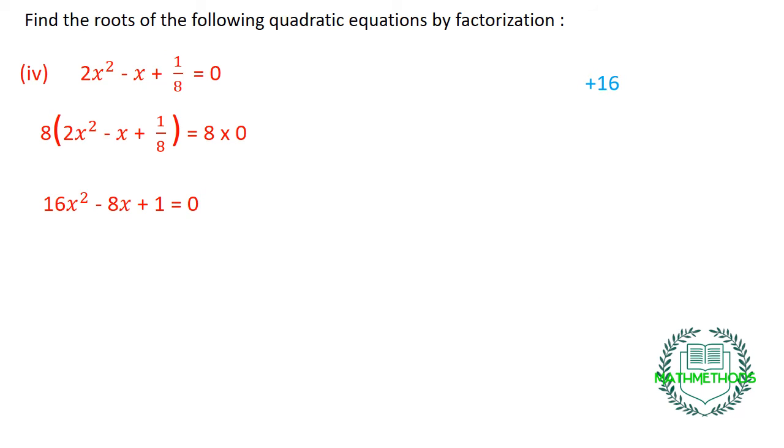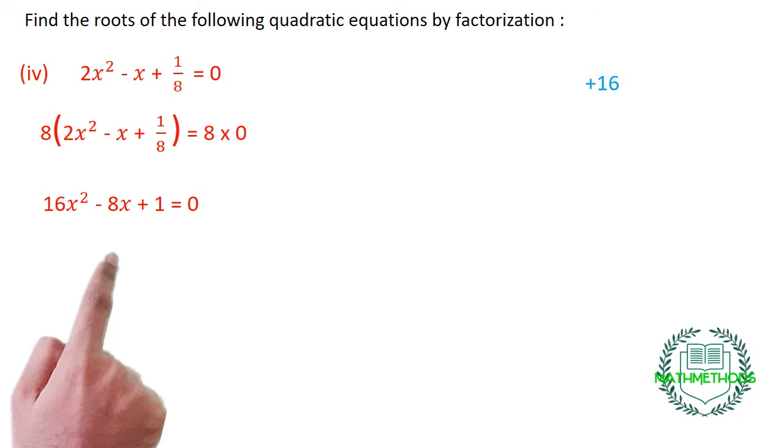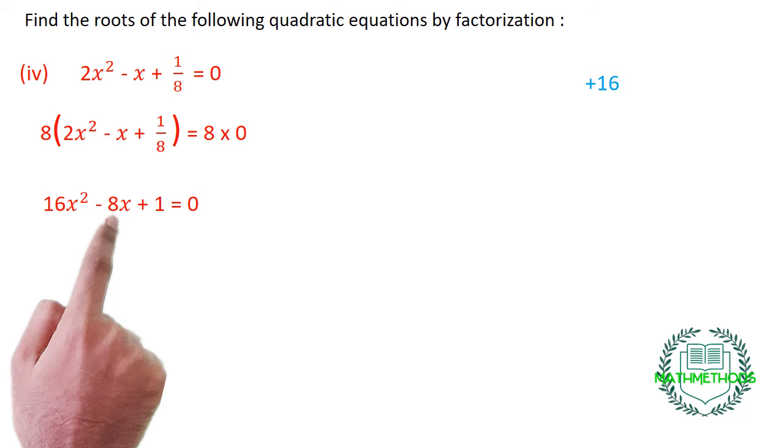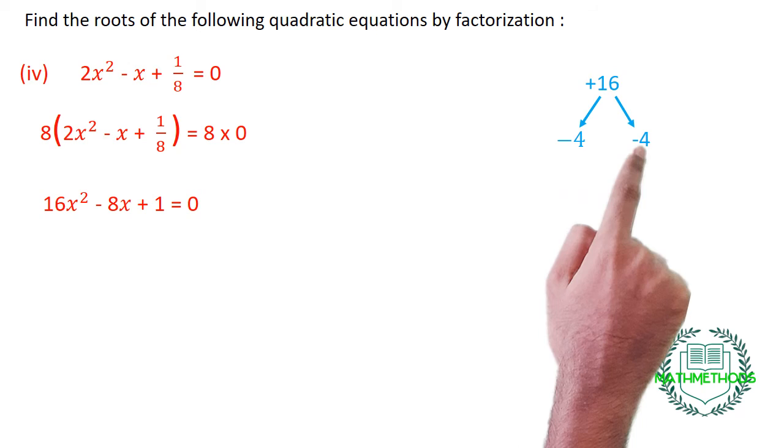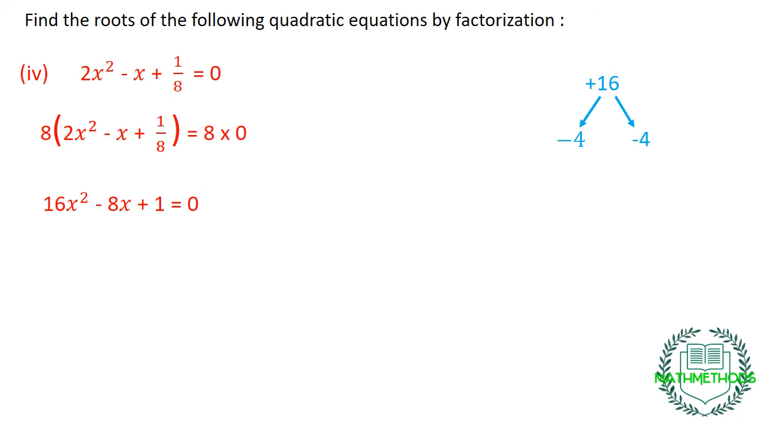Now find two factors of 16 such that when we add the two factors or when we subtract one factor from the other, the answer should be equal to the coefficient of the middle term, that is minus 8. Minus 4 and minus 4 are the required two factors, because minus 4 plus minus 4 we get minus 8, which is the coefficient of the middle term.